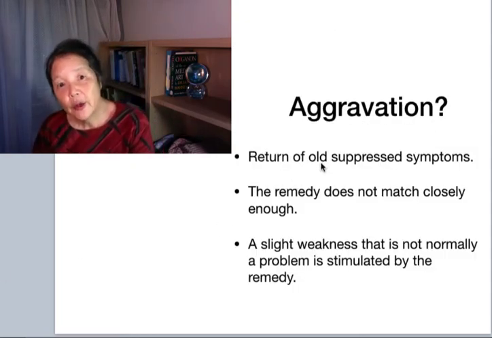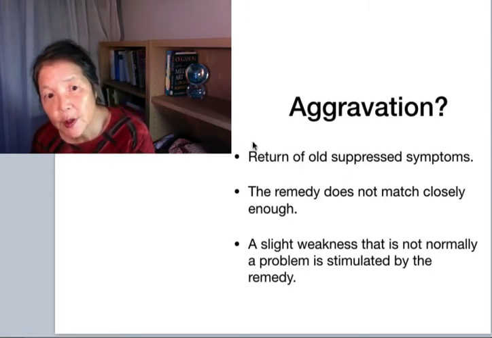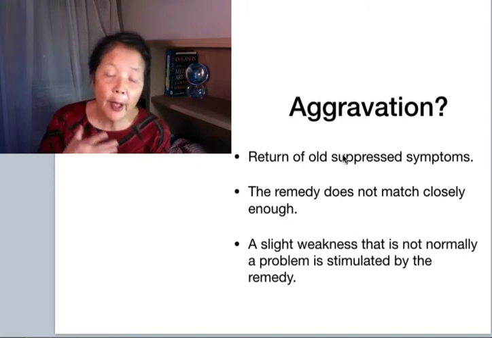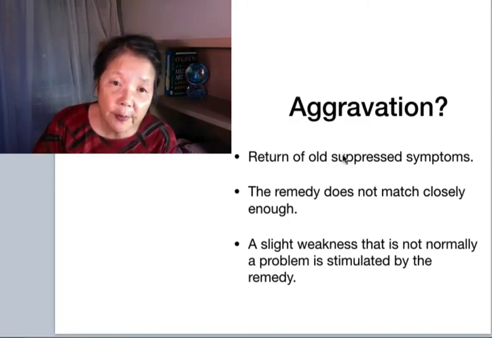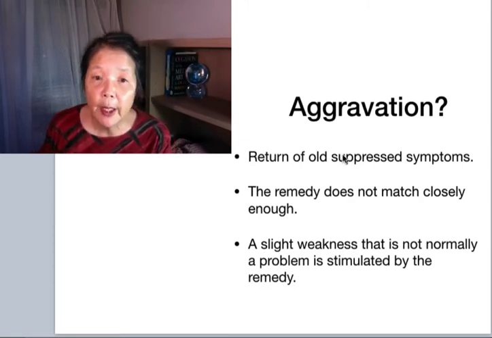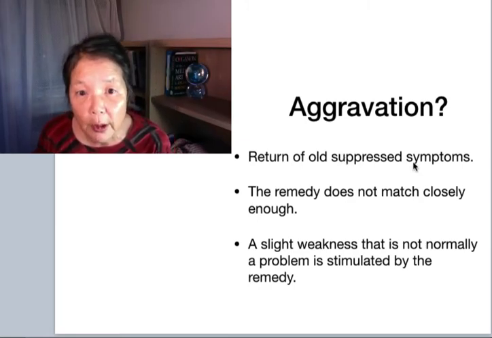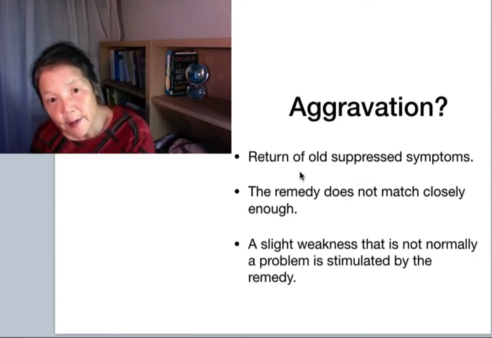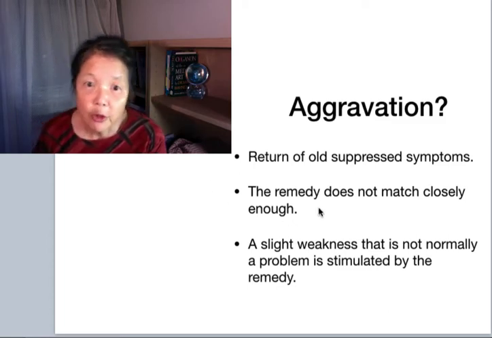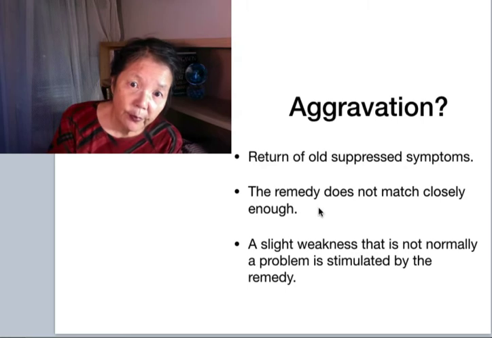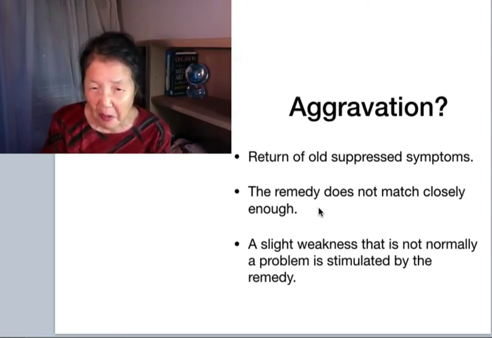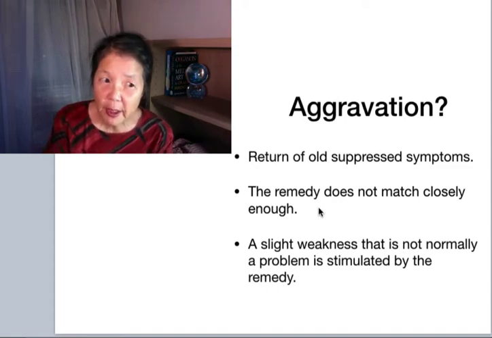Aggravations are caused by the return of old suppressed symptoms. So your remedy is working, so old suppressed symptoms come back, and the body is now able to take care of those symptoms, and you will start feeling better because your body is no longer having to withstand having those old suppressed symptoms as part of the vital force. Or the remedy you chose didn't match closely enough. This is the typical reason why in the beginning I got aggravations all the time, because my remedies were not matching closely enough.